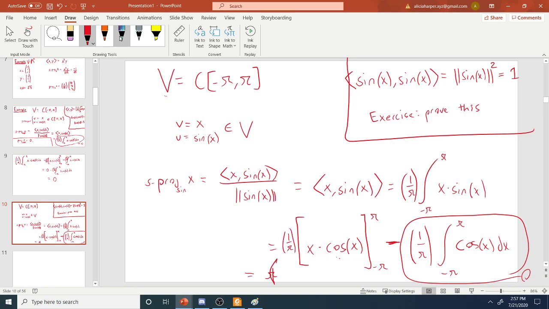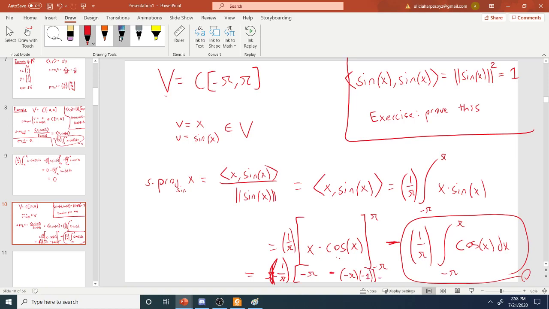So it's going to be 1 over pi times negative pi, and then minus negative pi times negative 1.